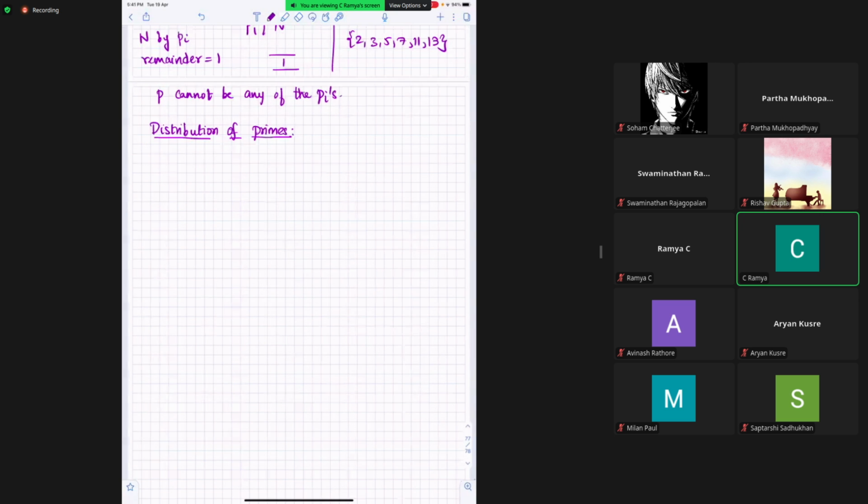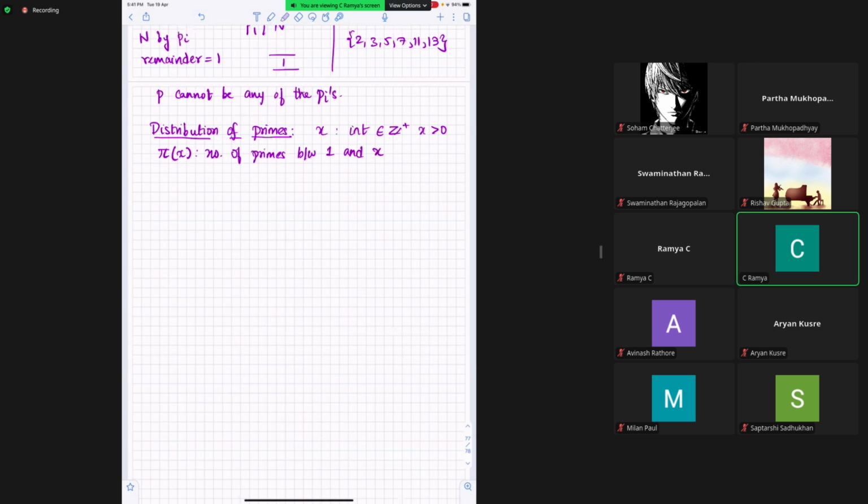Let's say x is some integer, and I'm going to assume that it is greater than 0, so it's a positive integer. We'll denote by pi of x the number of primes between 1 and x.